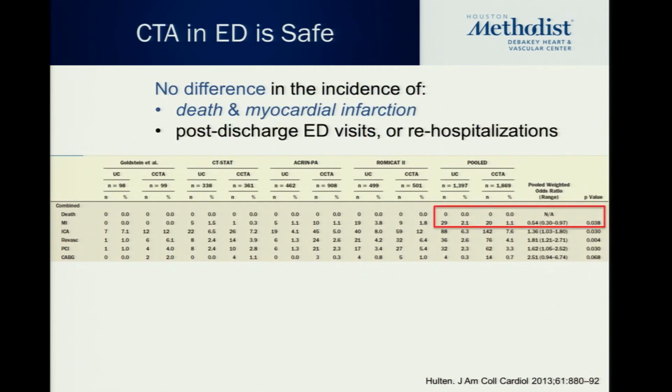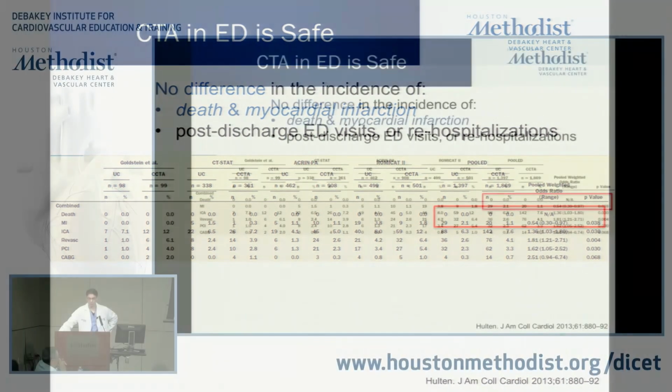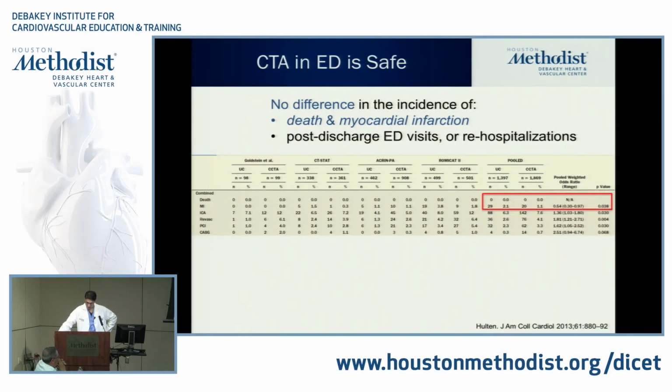And what they found was that if you did a strategy of CT versus standard of care, there was no difference in death or myocardial infarction in follow-up in all of these randomized trials, and then, looking at them as a pooled group. So this was very reassuring that CTA is safe, that if you do choose to employ this strategy, you're not going to miss ACS.